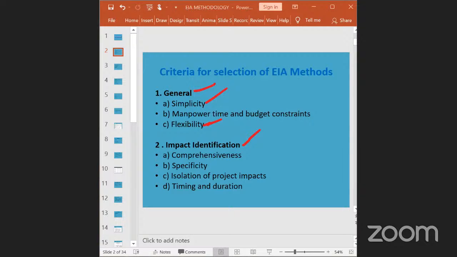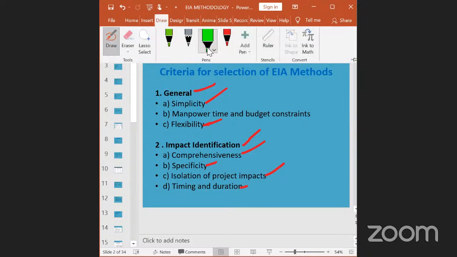Next one is impact identification. So we have here 4 steps. Those are comprehensiveness, specificity, isolation of project impacts, and timing and duration. So first one is comprehensiveness.